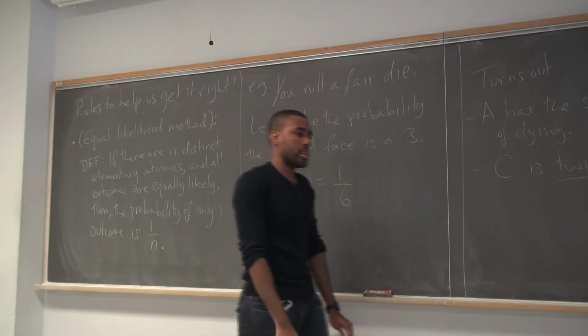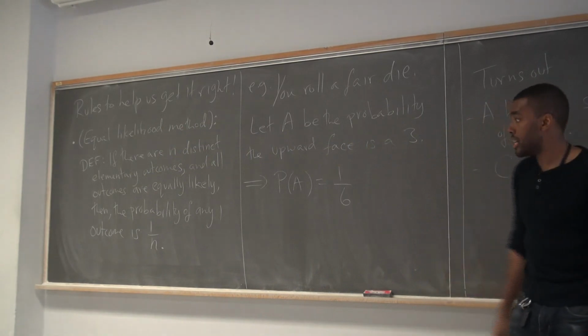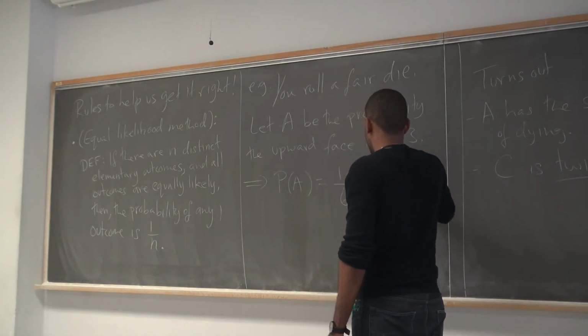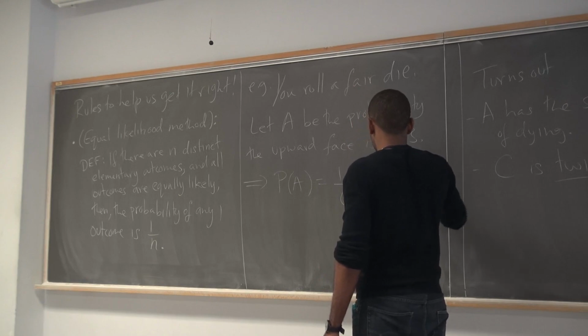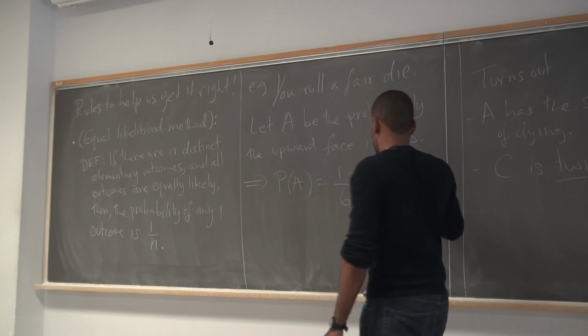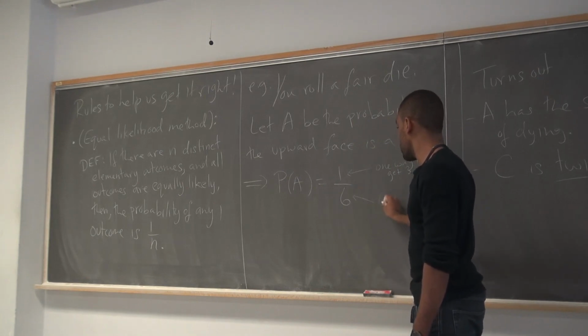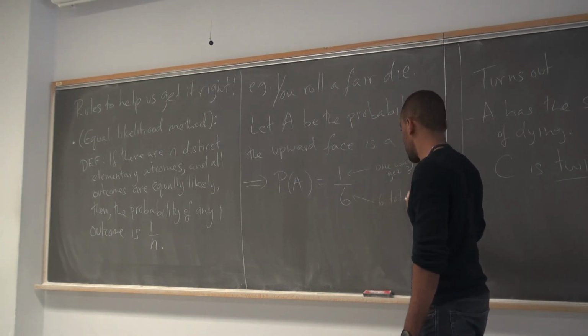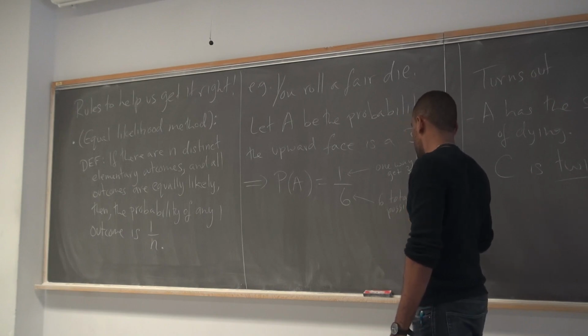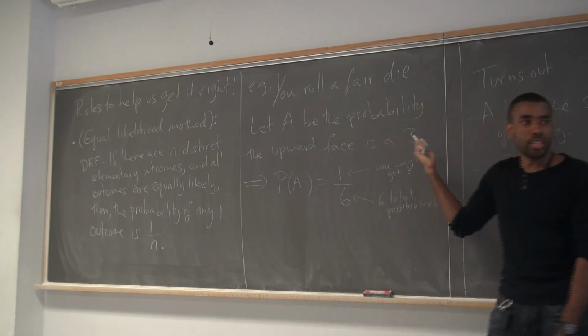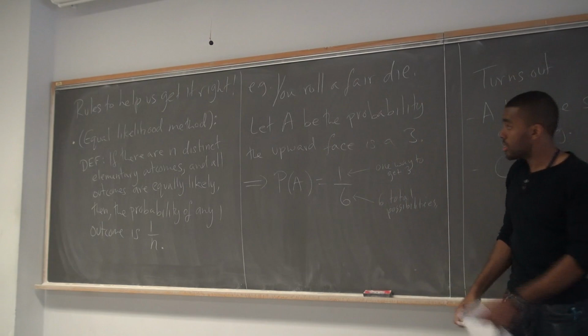The chances of getting a 3 when I roll a die is 1/6. Why? Because there's one way to get a 3. There's only one face of all the 6 faces that gives you 3, but there are 6 total possibilities. In fact, for any number, 1/6 would be the chances of getting that.